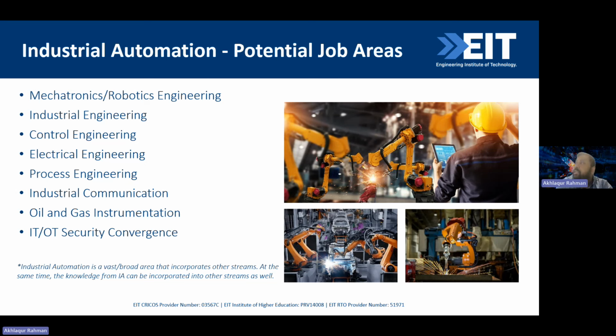That has added more cyber-physical systems, which used to be more manual or robotic operation, and more integration of AI. This has changed how industrial automation was, let's say, 10 or 15 years ago. As a result, the job areas have also evolved.